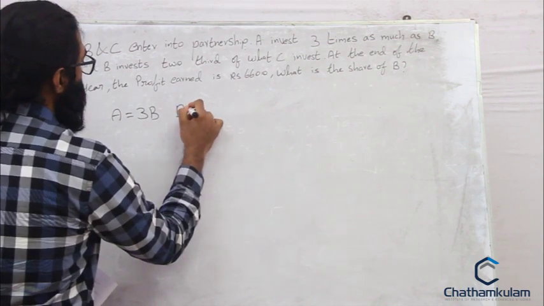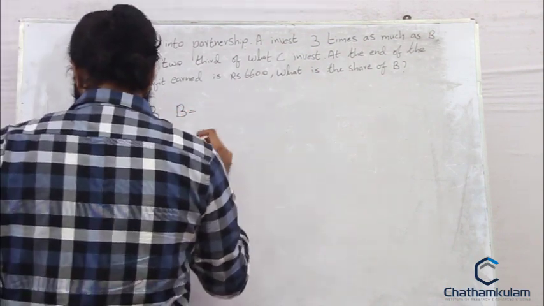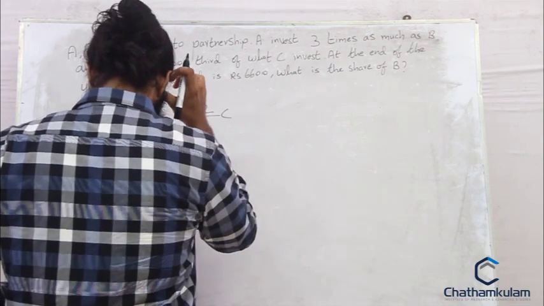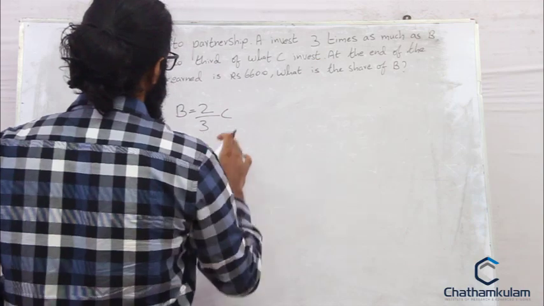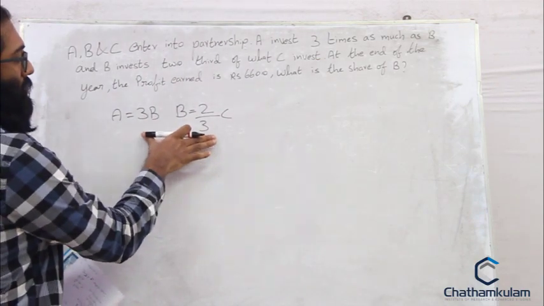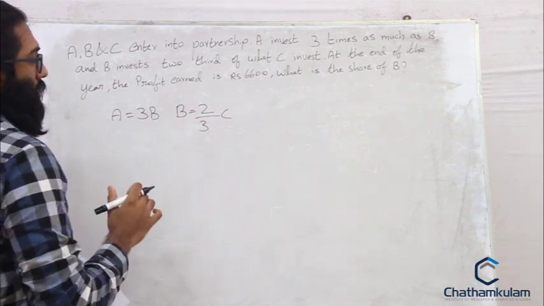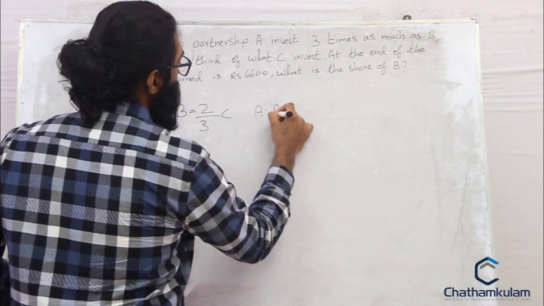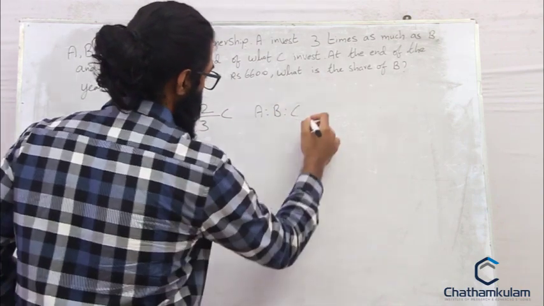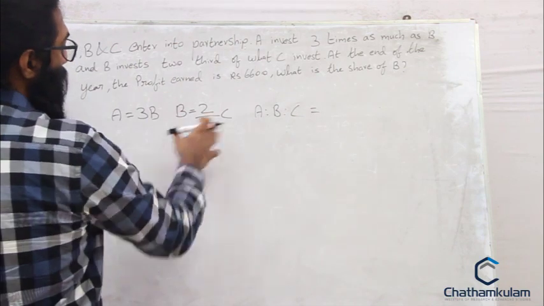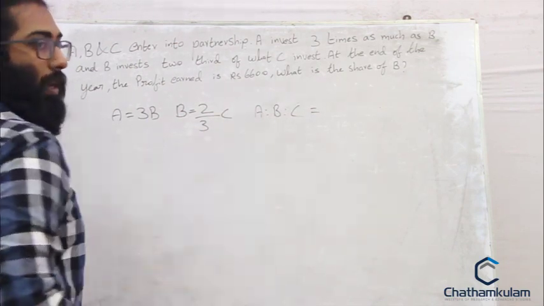So this is what is given in the question. We can find the ratio of A is to B is to C, and we can write it in terms of B, right?